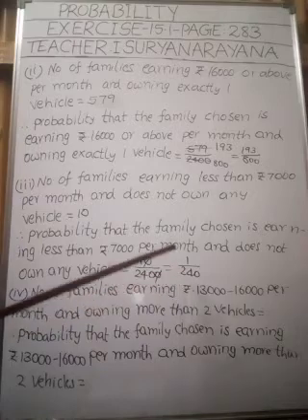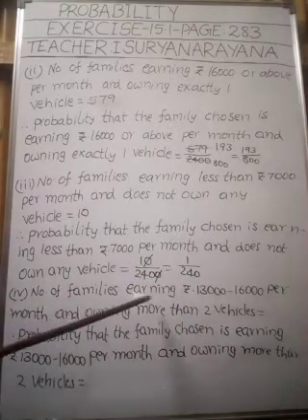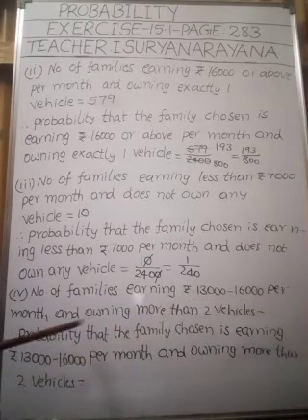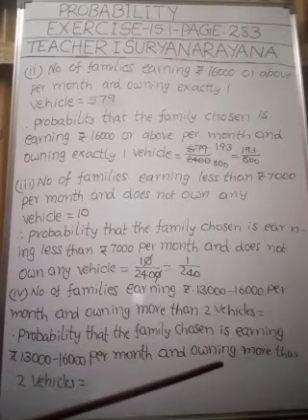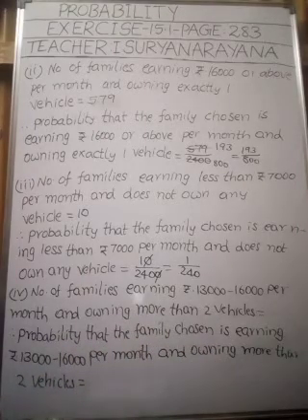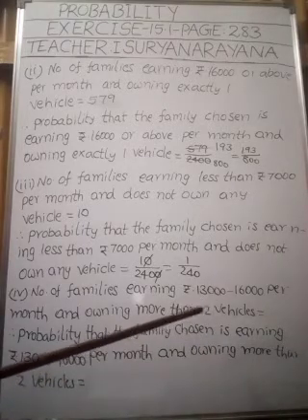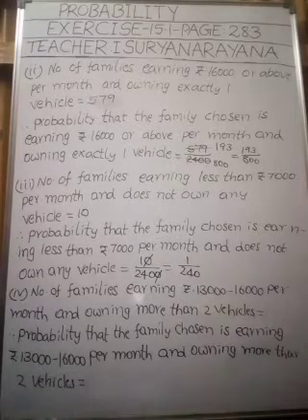Right. Now come to the fourth part. Number of families earning 13,000 rupees to 16,000 rupees per month and owning more than two vehicles. Observe the table, my children. How many families are earning 13,000 to 16,000 rupees per month and owning more than two vehicles?